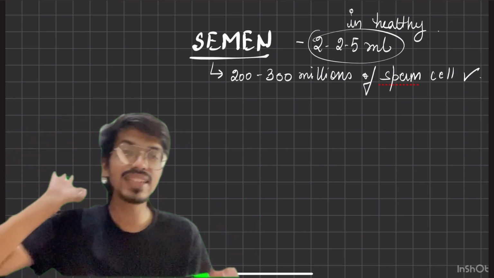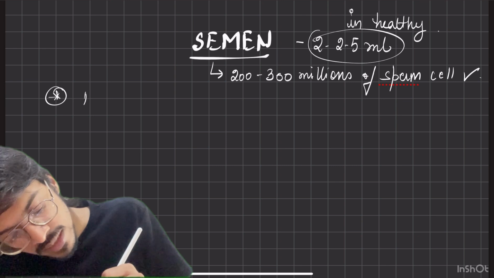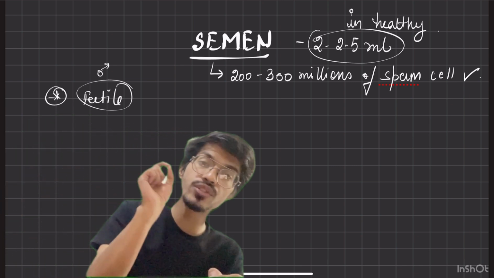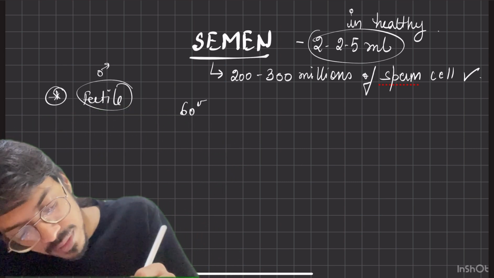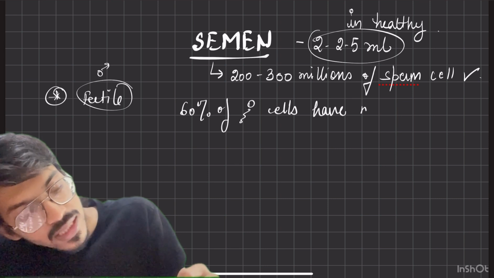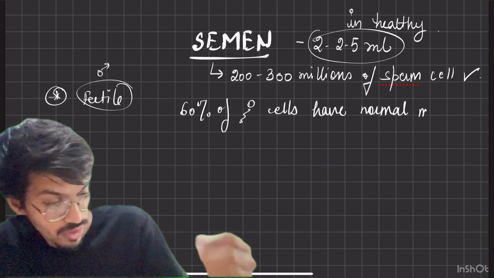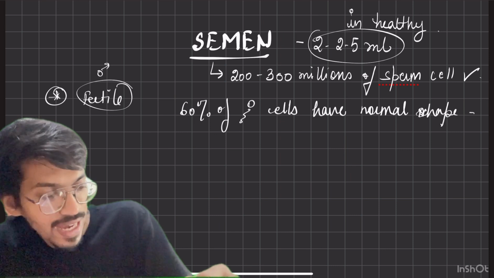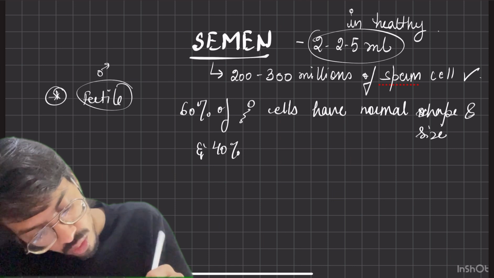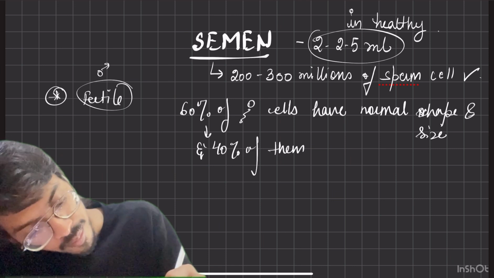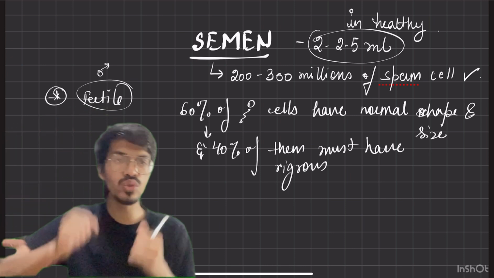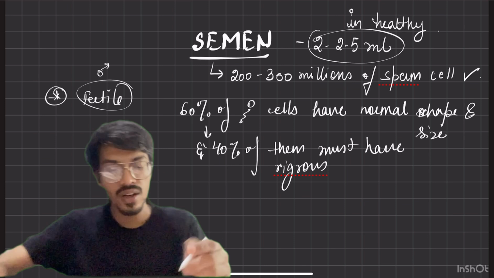Now, for fertilization to occur, for a person to be fertile, we will say the male is fertile if, in this 200 to 300 million sperm, 60% of sperm cells have normal motility, normal shape and size, and 40% of them must have vigorous motility, so that they are able to run fast and reach the female part.